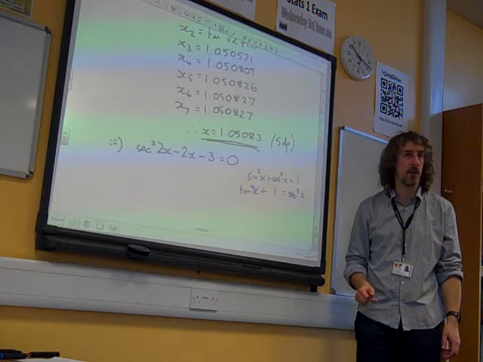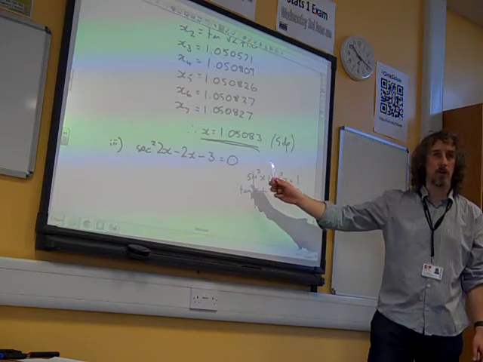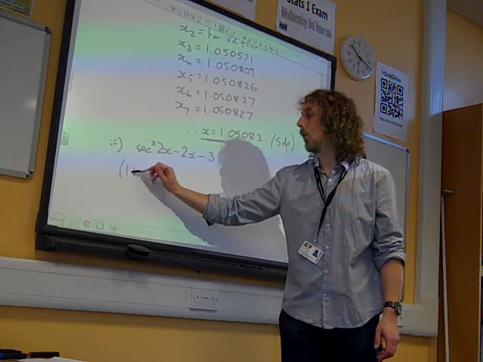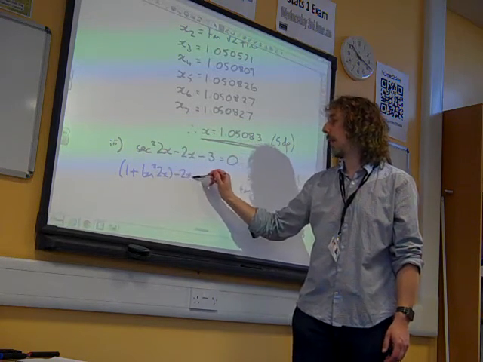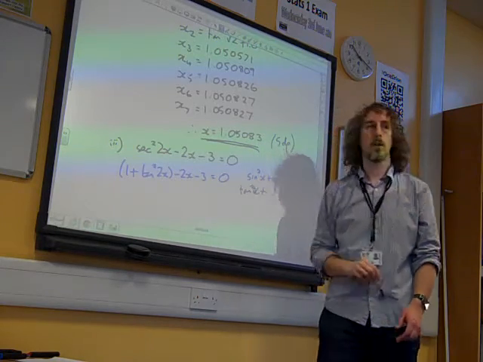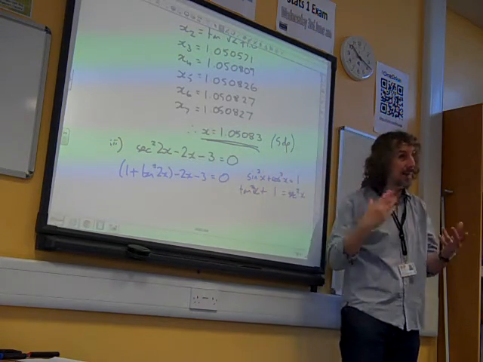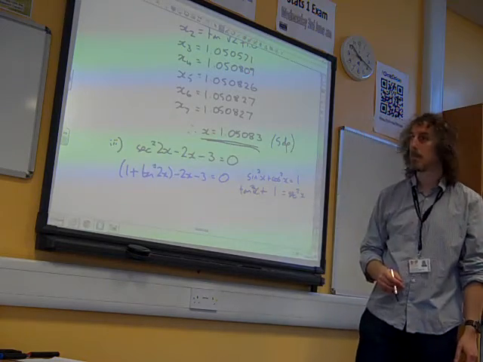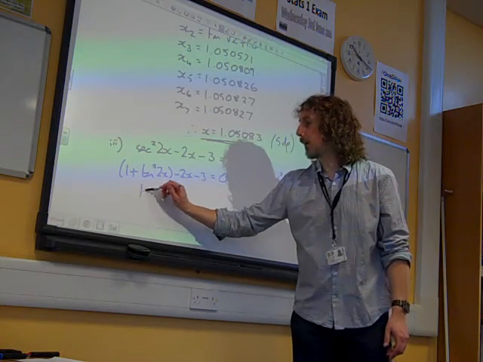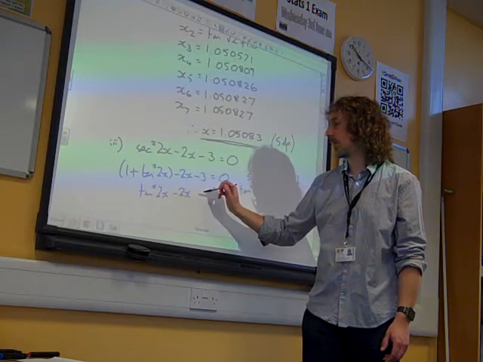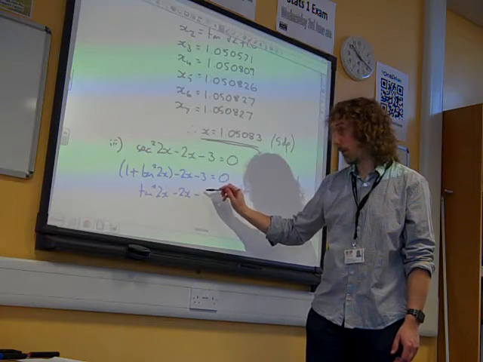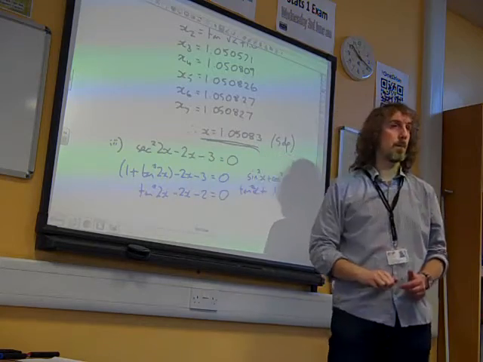So actually this equation is the same equation as 1 plus tan squared 2x minus 2x minus 3 is 0. Because the first bit was all about tan, so let's get it in terms of tan again. Which means that this equation actually says tan squared 2x minus 2x minus 2 is 0.